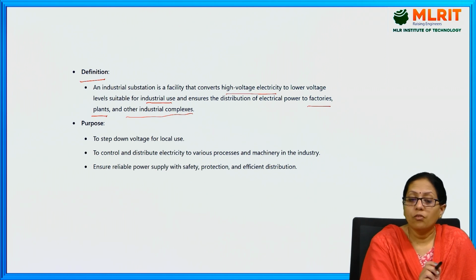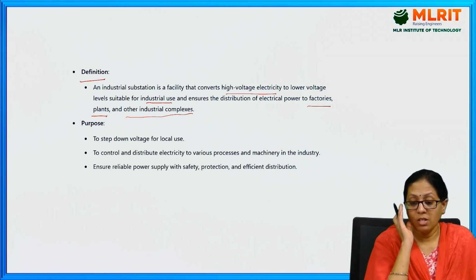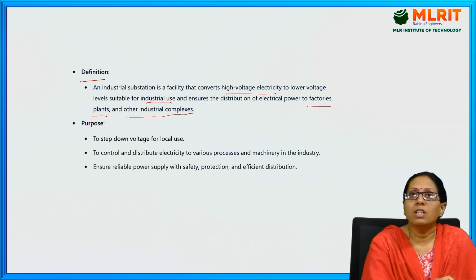For industries, factories and other commercial buildings, the industrial substation reduces the voltage which is taken from the high tension wires. The voltage is reduced using the step down transformer and that voltage is connected to the industrial use.